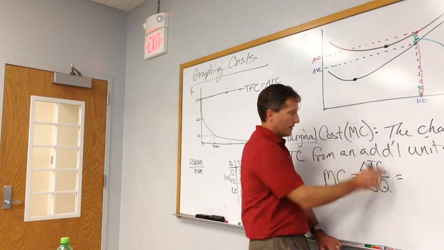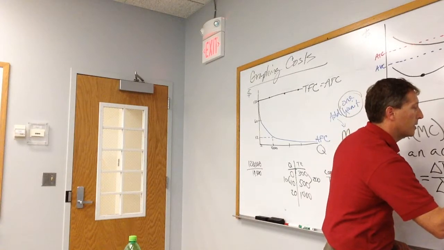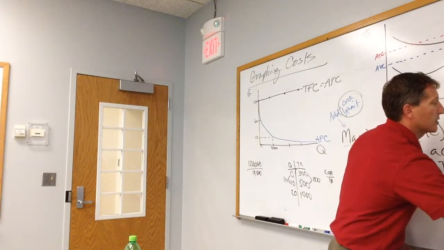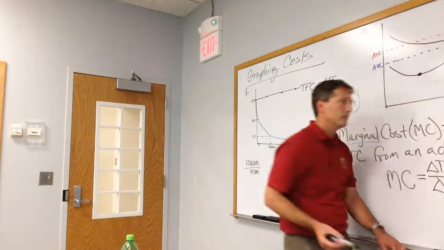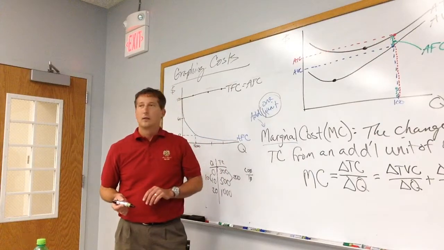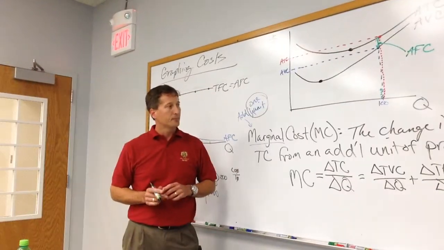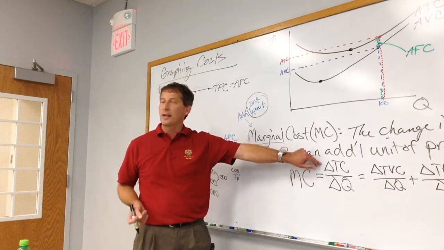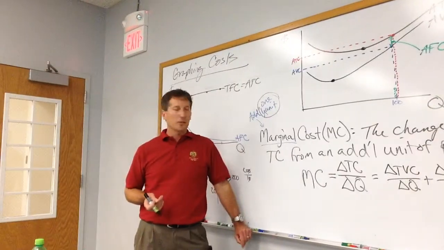So one way to re-express this is to say it's the change in total variable cost over the change in quantity plus the change in total fixed cost over the change in quantity. I'm just extending that formula that we had. Remember, the little triangle is always change. That's kind of our shorthand notation that we use in math class too, that you might have seen like with rise over run.